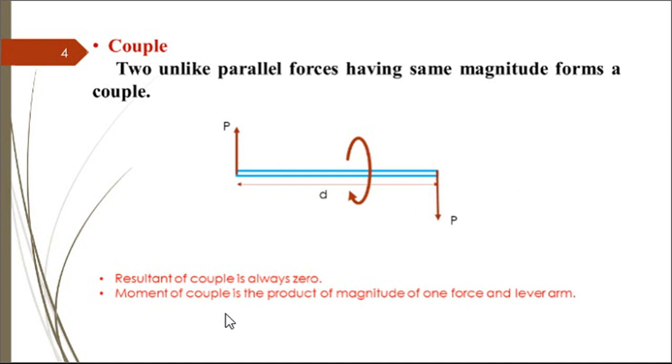Similarly, moment of couple is the product of magnitude of one force and the lever arm. As both the forces, unlike parallel forces, are of the same magnitude, the magnitude of the force multiplied by the distance between these two forces, that is nothing but the lever arm, will produce the moment of the couple.